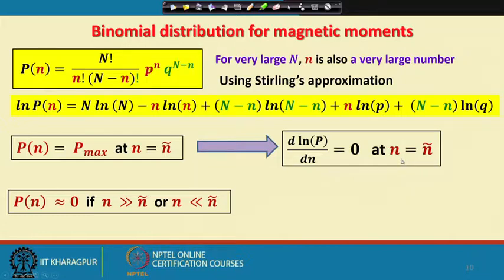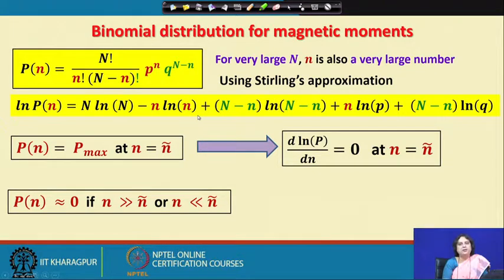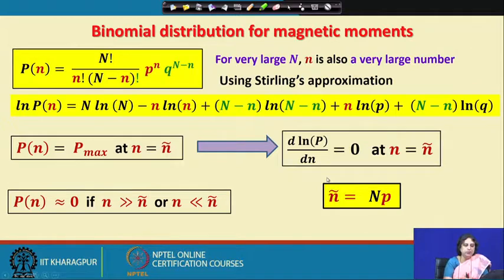So, this is a little bit of mathematics. If you know ln P, you can always find out the first derivative of ln P with respect to n, and if you then put n equal to n tilde, you will find that n tilde is equal to capital N, that is the total number of particles present in the system, multiplied by the probability of observing one particle in the system with an upspin.